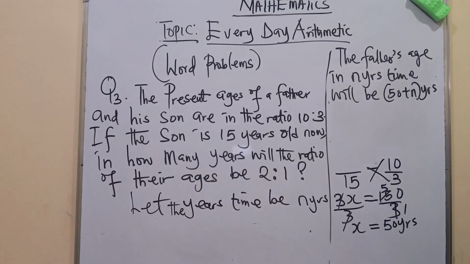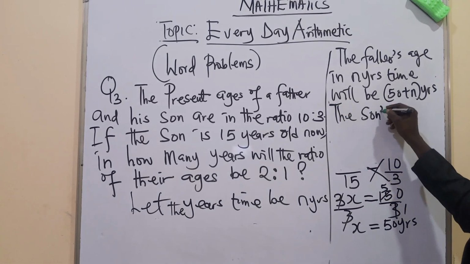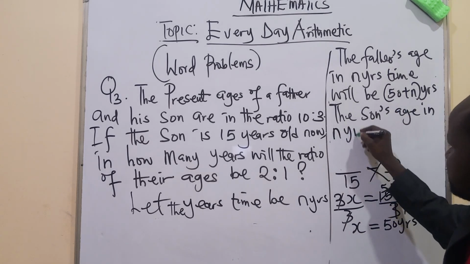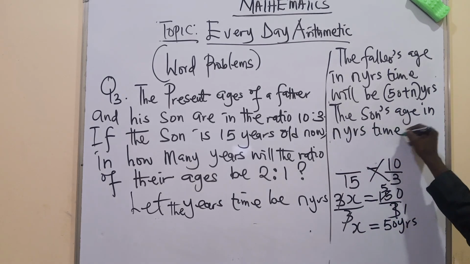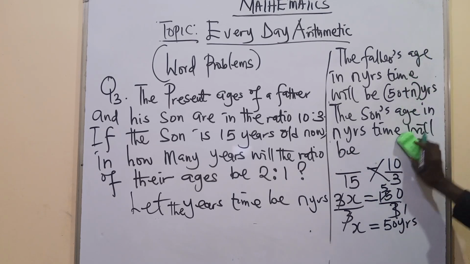This will be the father's age in n years time. Okay, then the son's age in n years time will be his present age, which is 15.